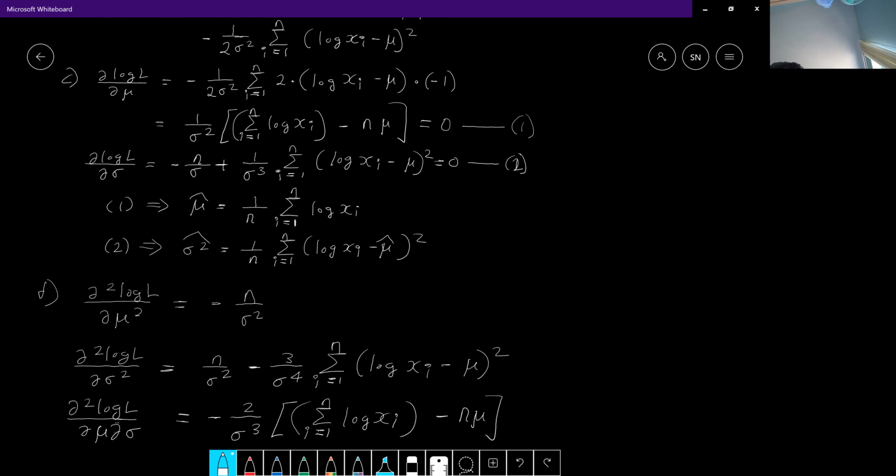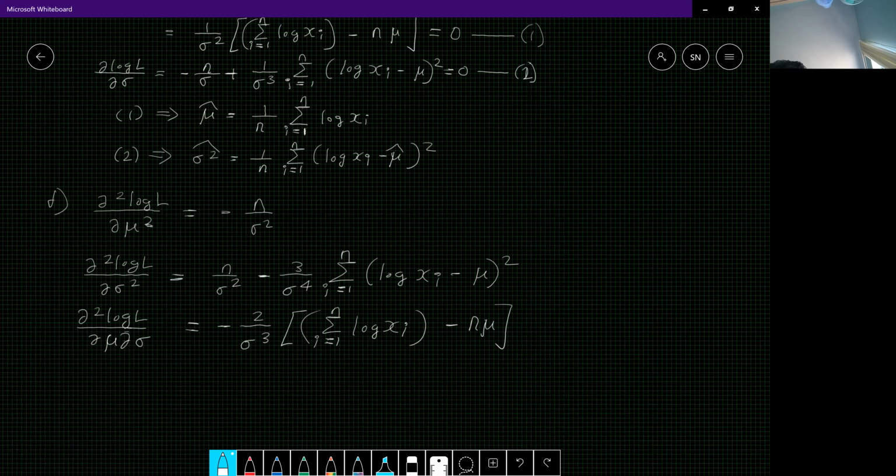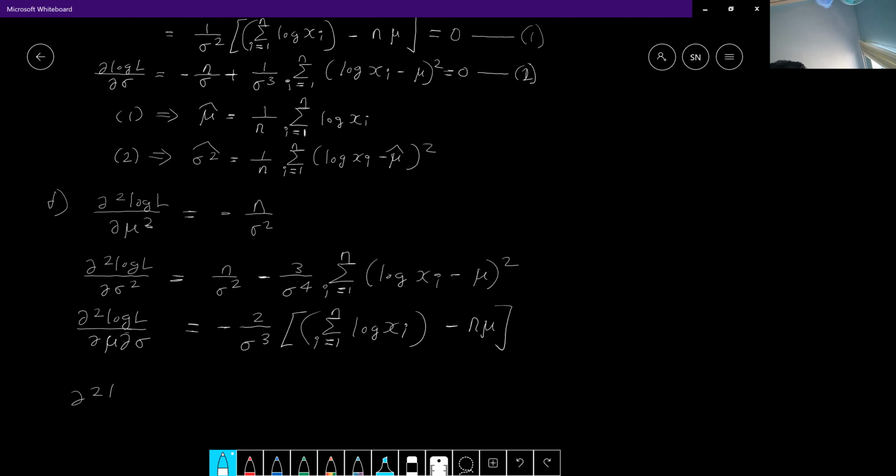Now we need to work out the values of these partial derivatives at their estimates. Starting with the first one, at mu equal to mu hat and sigma equal to sigma hat, you will get this will be equal to minus n over sigma squared hat.